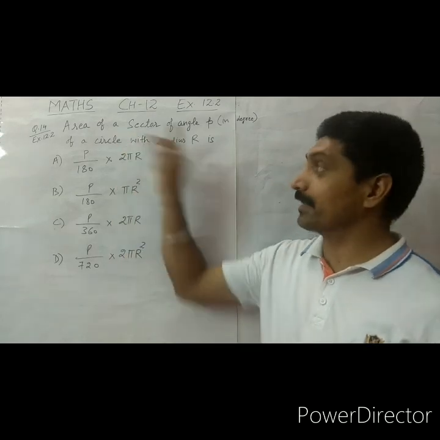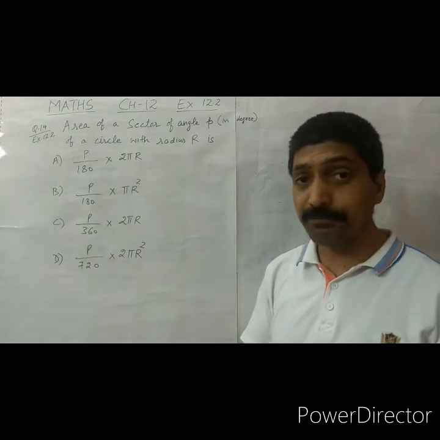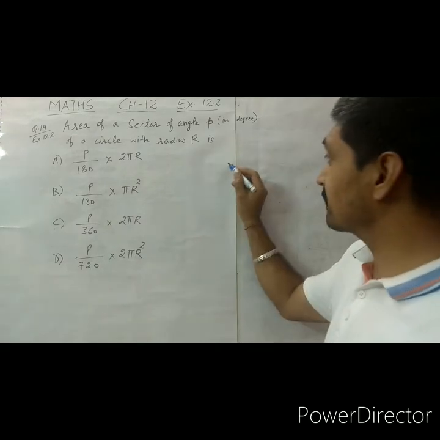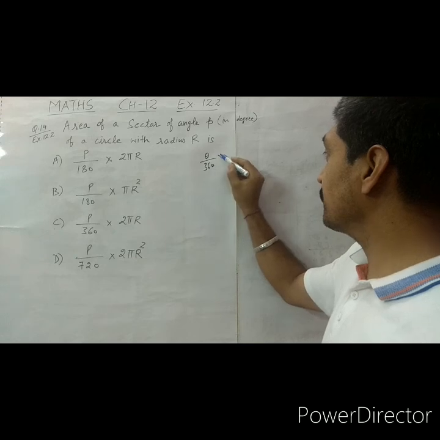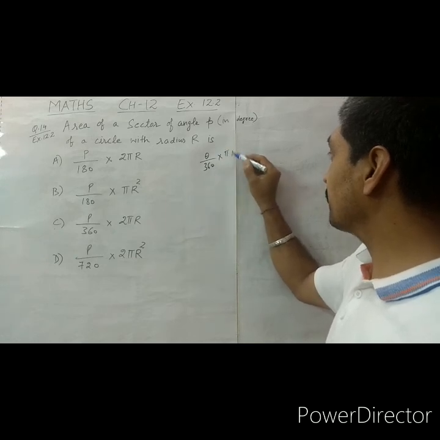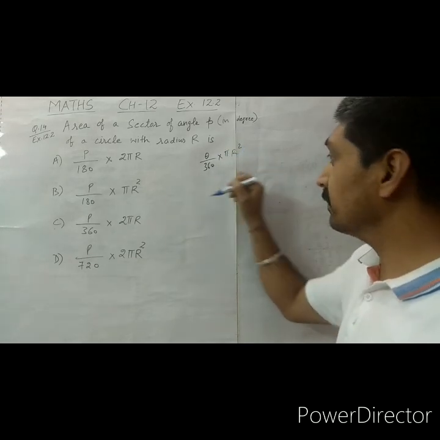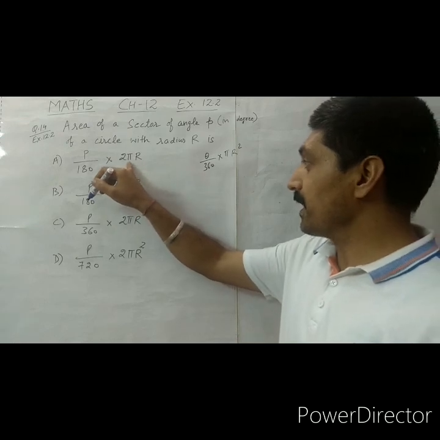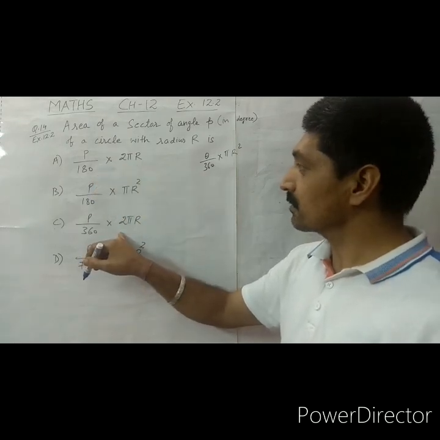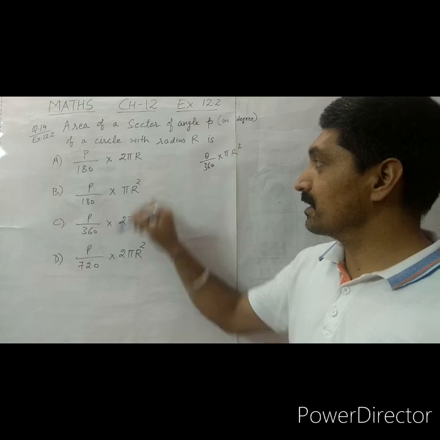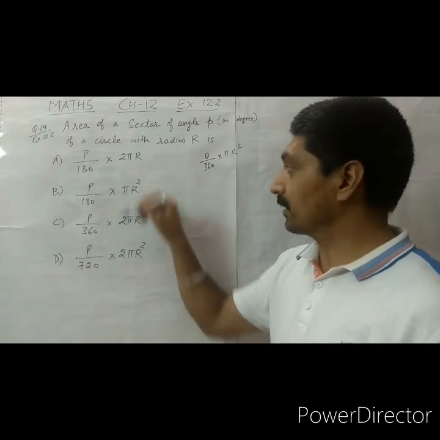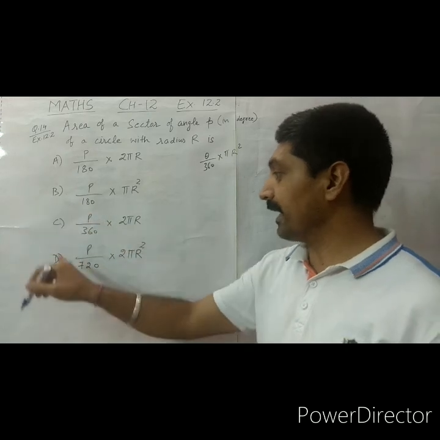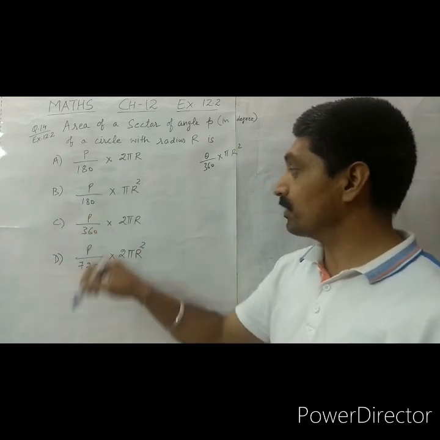But we are talking about sector. So the formula here which we have studied is theta upon 360 into pi r square. So here area A and C option cannot be, because here this is about the circumference, the length of the arc. So from B and D, again we have to decide.